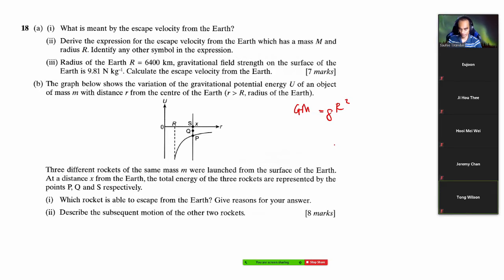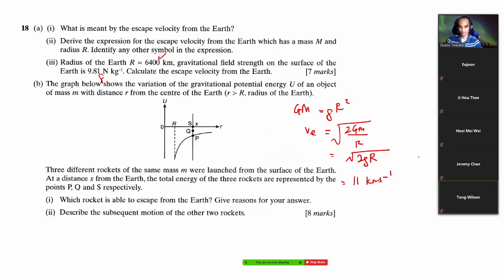So escape velocity, the one we just derived, square root of 2GM divided by r, will equal square root of 2gR. If you substitute everything, R that is 6400 km, and the value of small g, gravitational strength 9.81, you have 11 km per second.